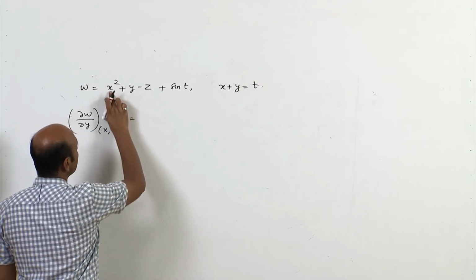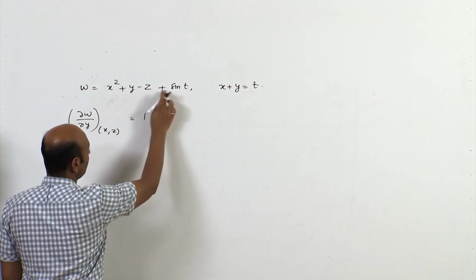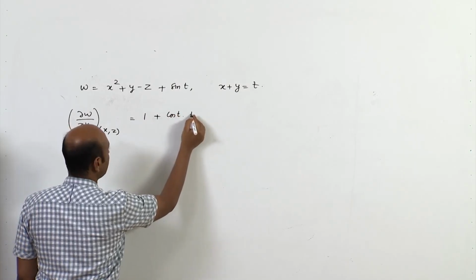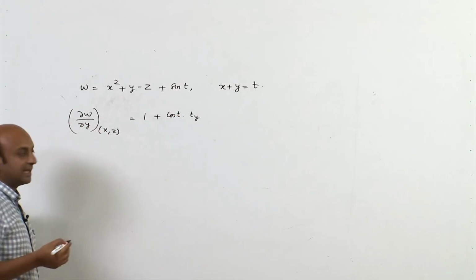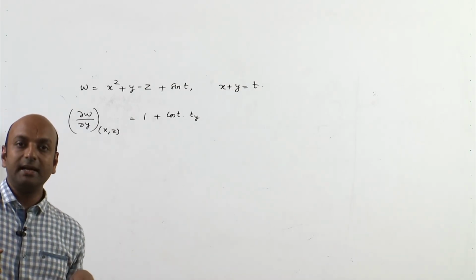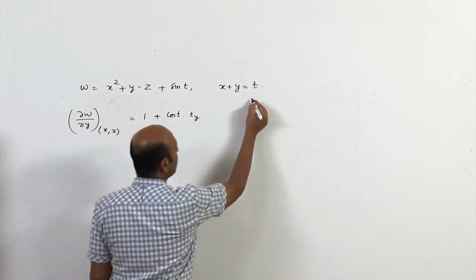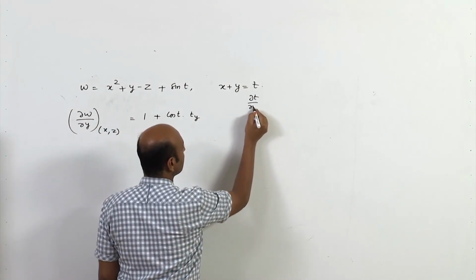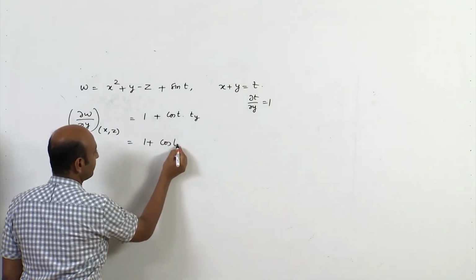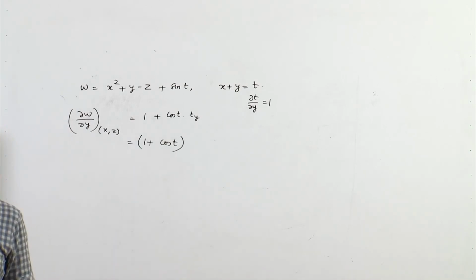So, this is 0, this is 1, this is independent so it is 0, and it is cos t into t_y. t_y means del t by del y, because t is a dependent variable; t depends on x, y and z. From here del t by del y is 1. So, it is 1 plus cos t. That is how we can solve these problems.